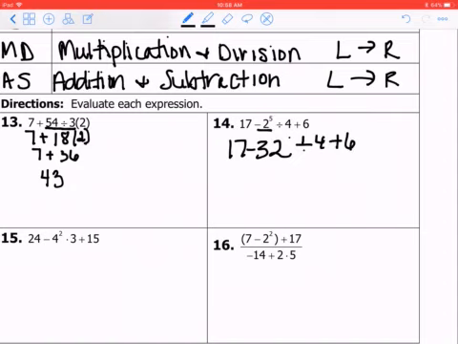Now we have to do our division, so that's right in the middle. 32 divided by 4 is 8. And now all we're left with is addition and subtraction, so we're just going to go left to right. So 17 minus 8 is 9, and then 9 plus 6 equals 15.